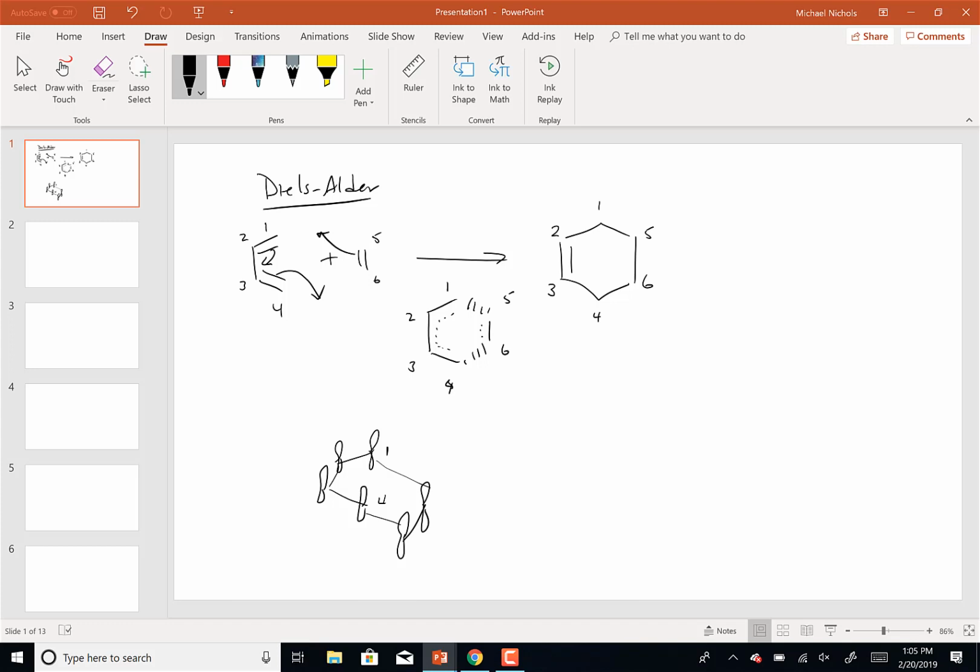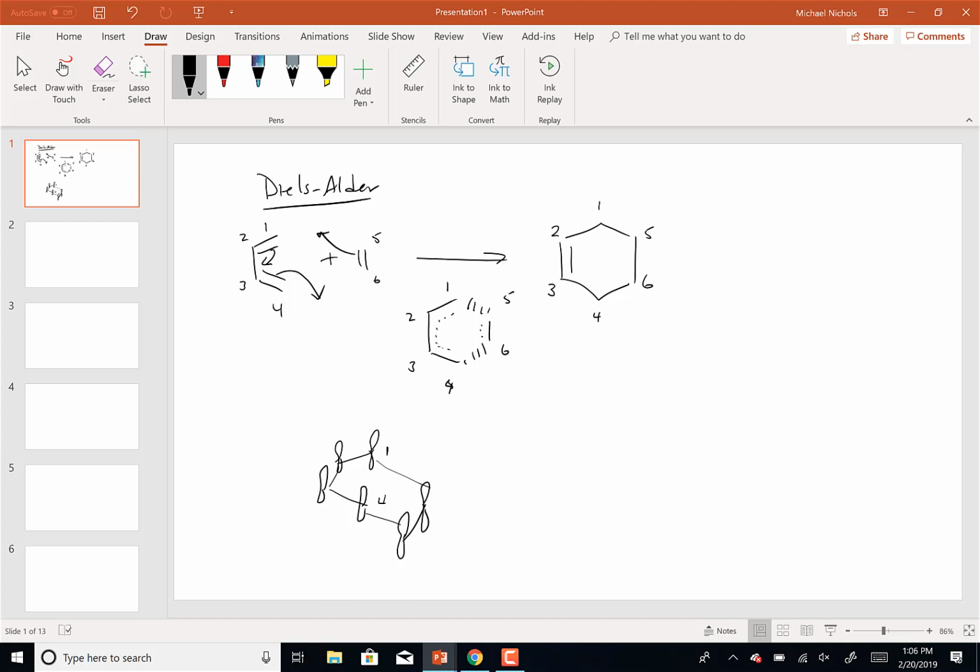So this is a concerted one-step mechanism. So that's the basics. If you follow through on 1 through 4, 5, and 6, it really just depends on what's attached to each one of those carbons to form the product.